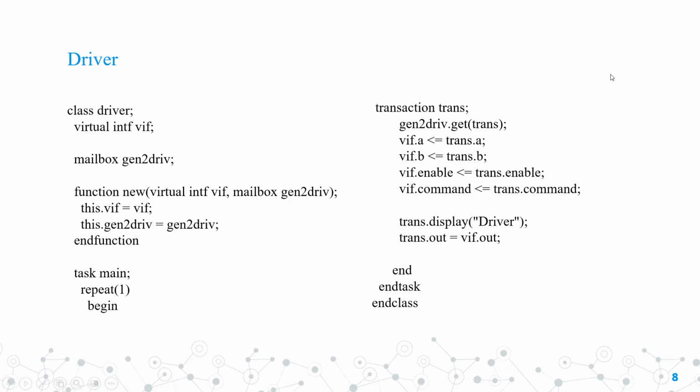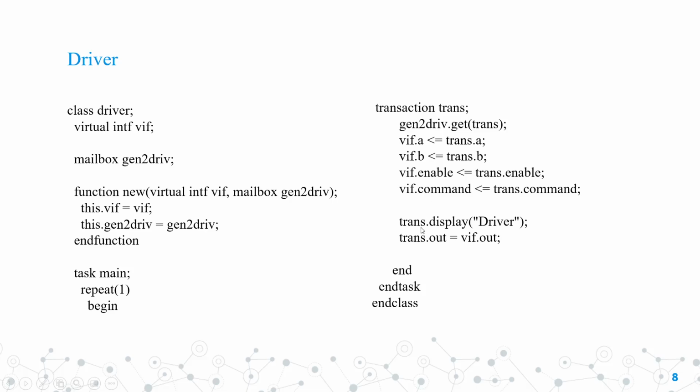We are taking the data and putting it into the packet called trans. Trans.a means a variable which is randomized. These four variables will be driven to the virtual interface, and by that we will connect to the design under test directly. The data will be driven to the actual design we discussed earlier.